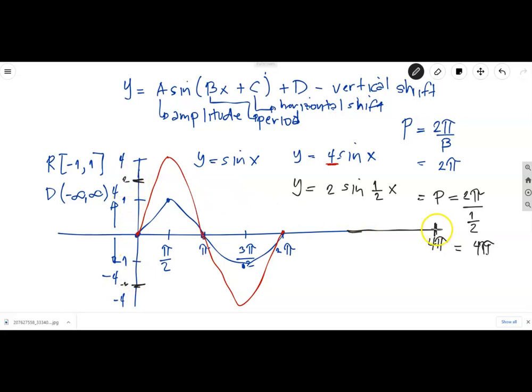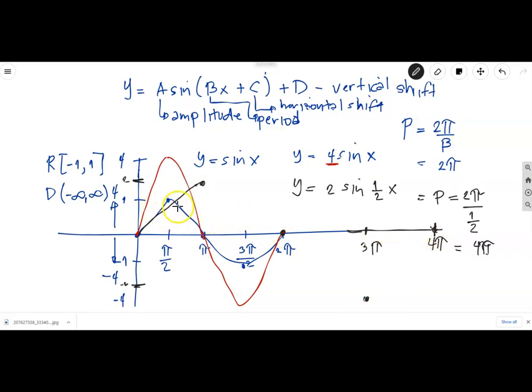And then we divide this by 4 parts, so the points are pi, 2 pi, 3 pi, and 4 pi. The graph goes up to 2 at pi, then down to 2 pi, then going up to the points at 3 pi, and then going back here at 4 pi.